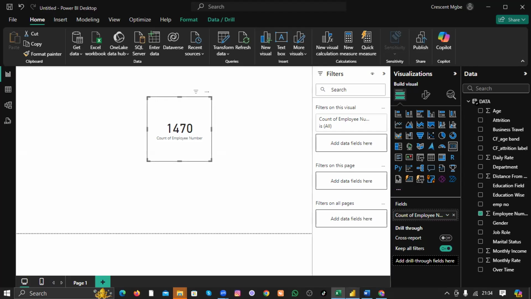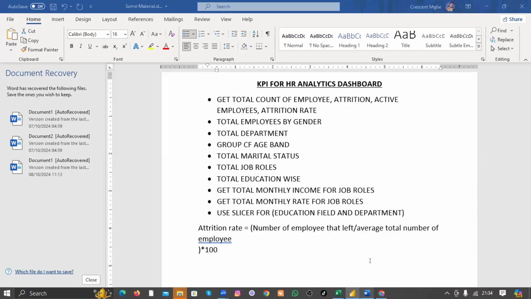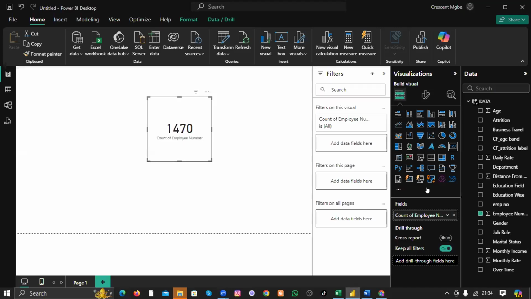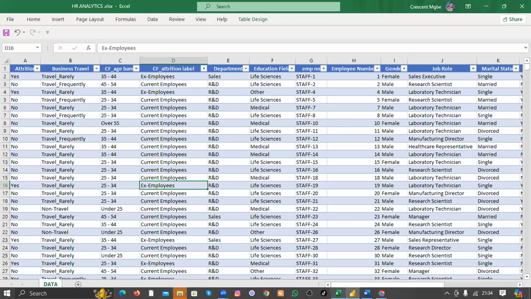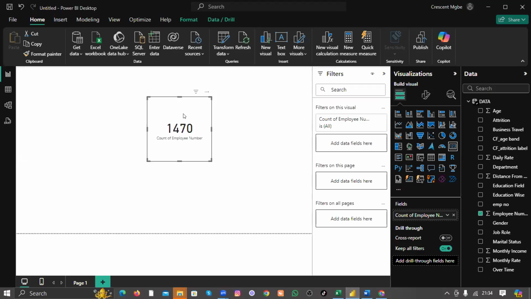So we need to know how many employees have left, and then we need to know active employees, because they also told us to find active employees. Attrition means the number of employees that have left. Active means the number of employees that are still working. They are not captured in this table. There's nowhere that says this is the number of employees that left. So we need to use DAX functions to find that.